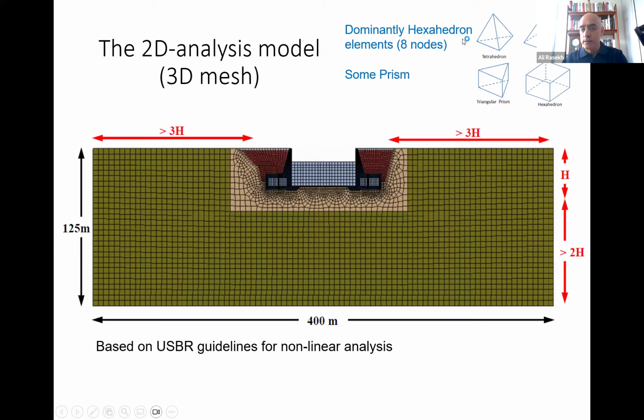Because I previously presented this for a class like yourselves, I also showed something familiar to FEA students, like the different element types that were used in there.